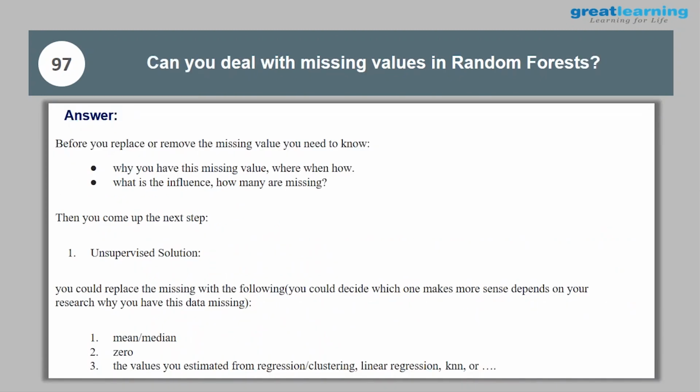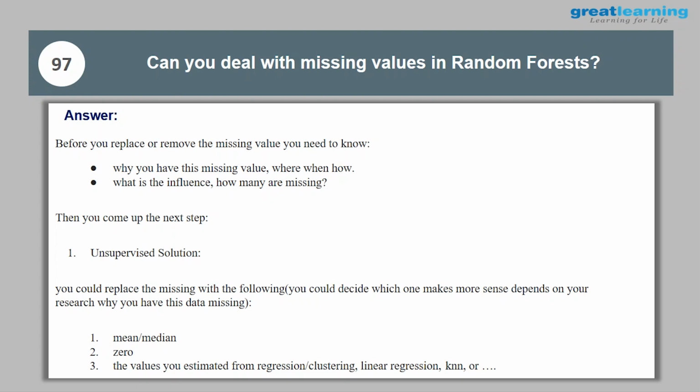Now let's have a look at, can you deal with missing values in random forest? Before you replace or remove the missing values, you need to know why you have this missing value. Where, when, how. What is the influence, how many are missing? Then you come up with the next step, an unsupervised solution. You could replace the missing values with the following. You could decide which one makes more sense, depending on your research, why you have this data missing.